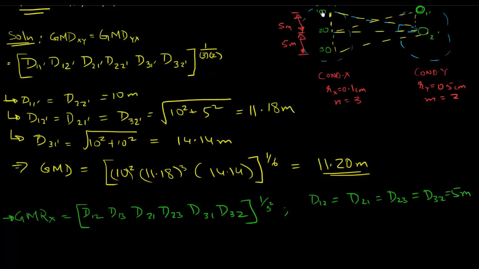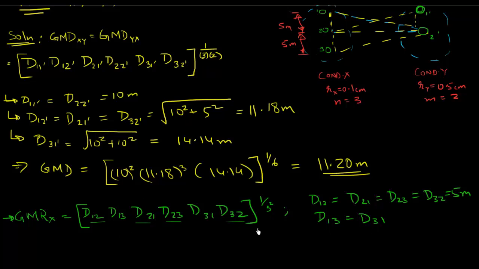This distance is the same as this distance, obviously. And this distance is also 5 meters. This distance is also 5 meters. So you have all of that. So we've covered for D1 to 2, 2 to 1, 2 to 3, and 3 to 2. And D1 to 3 is equal to D3 to 1.